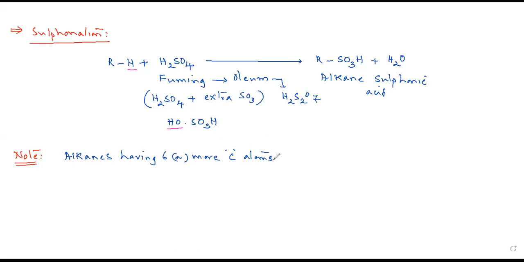And of course, lower branch alkanes. Only the lower branch, not lower unbranched, can be sulfonated.